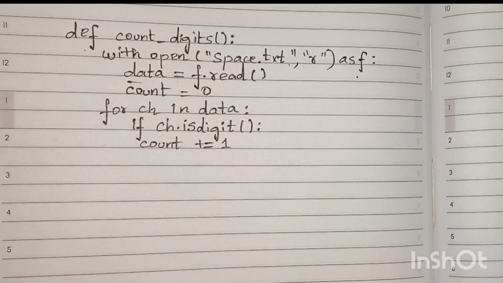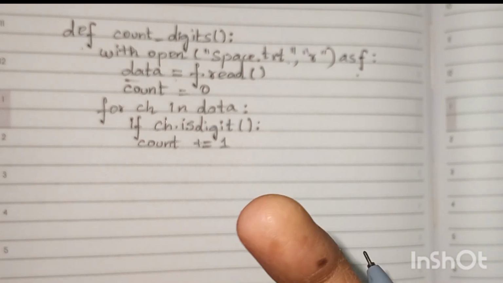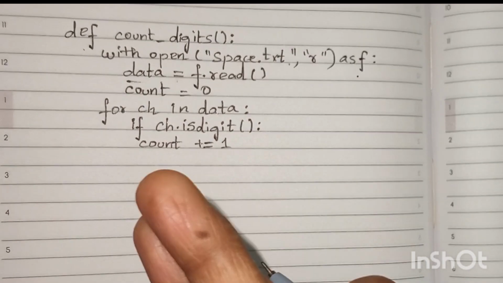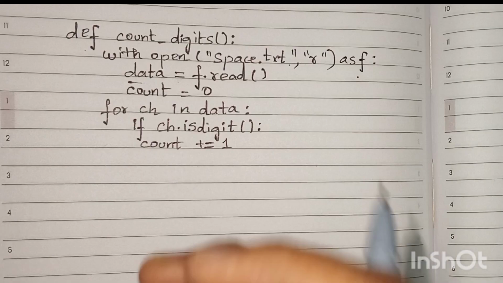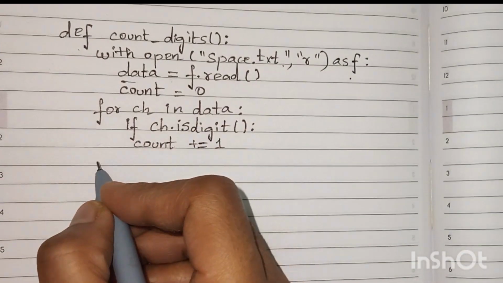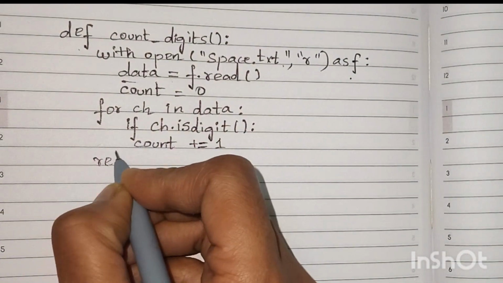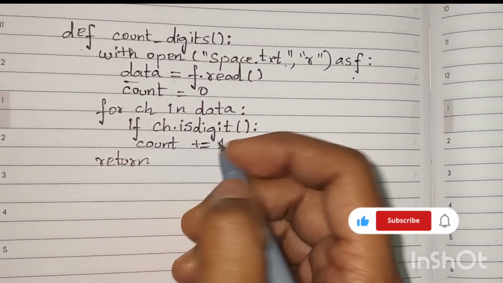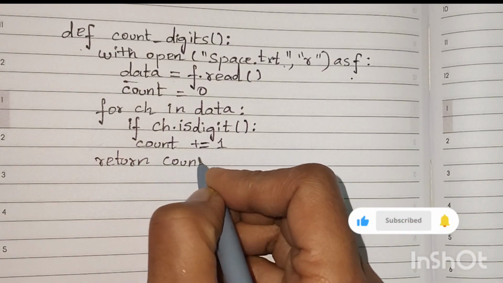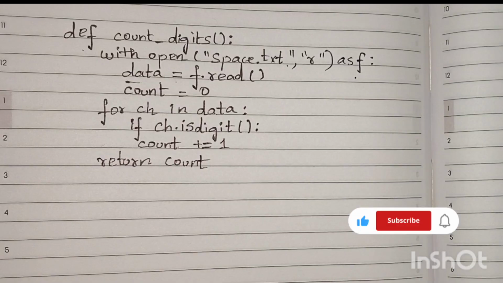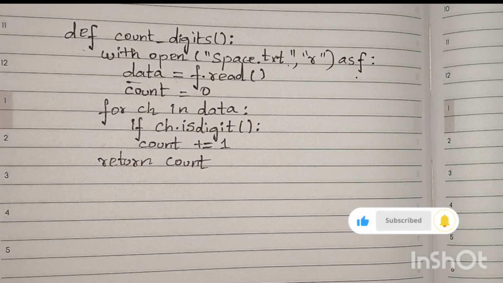Got it? Okay. Now, the next line of the code is to return the answer. So, return count. This sends the final count back from the function.